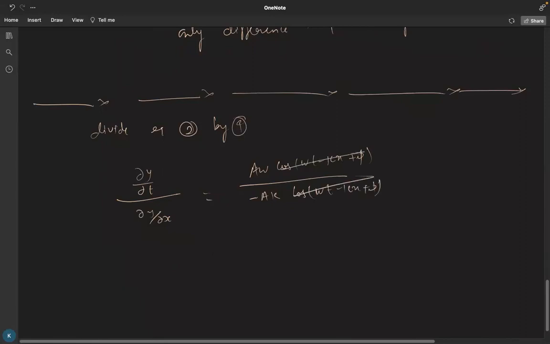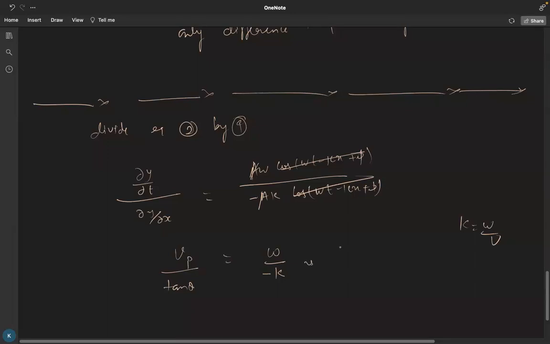So these get cancelled, a gets cancelled, and here we will get dy by dt, which is our velocity of particle, equal to omega by k. We all know that k is omega by v, and here we can write it as tan theta of the dy by dx.